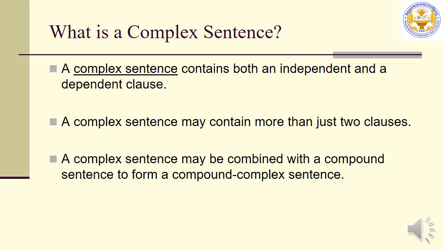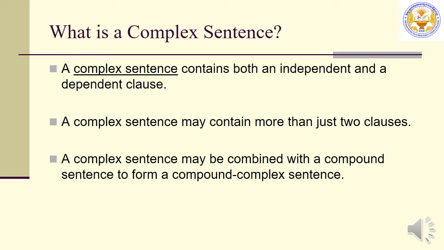A complex sentence contains both an independent and a dependent clause. A complex sentence may contain more than just two clauses. A complex sentence may be combined with a compound sentence to form a compound-complex sentence. When you add a dependent clause into a simple sentence, that sentence will become a complex sentence.